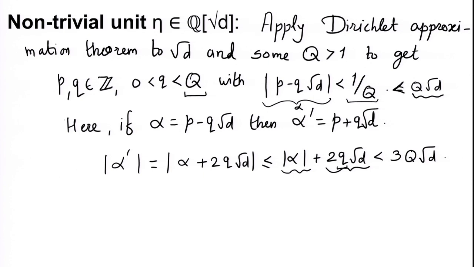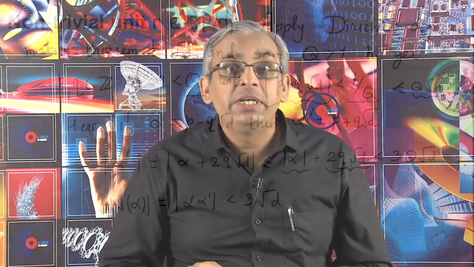So, in fact you have a strict inequality here, and mod alpha prime is less than 3q root d. So, taking the product, the norm of alpha, which is alpha alpha prime, is less than 3 root d. So, whenever we have any good approximation p by q to root d, p minus q root d is going to have norm less than 3 times root d.